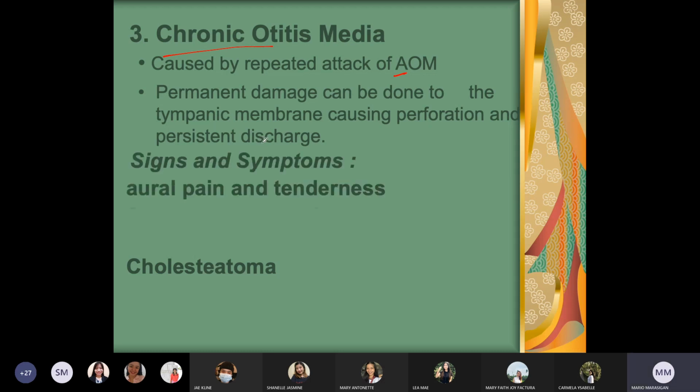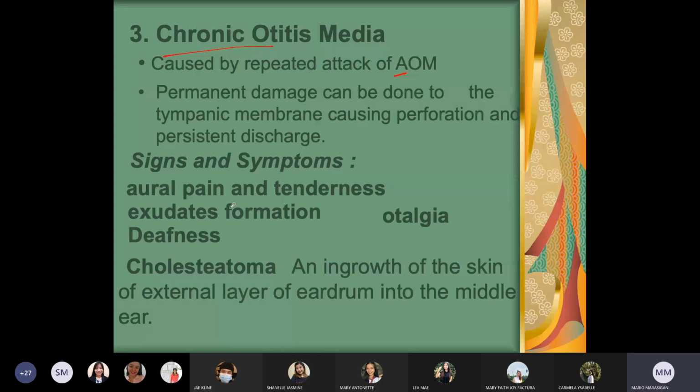So, signs and symptoms: there is otalgia, or auricle tenderness, and exudate formations. There is also ear pain and deafness. Again, conductive hearing loss.